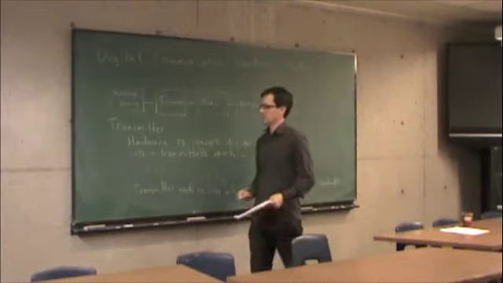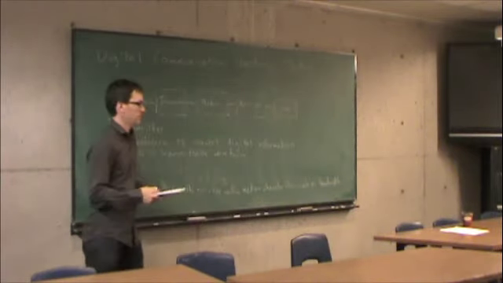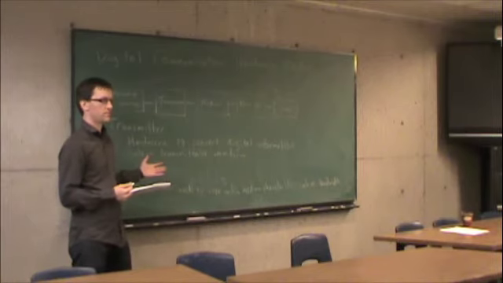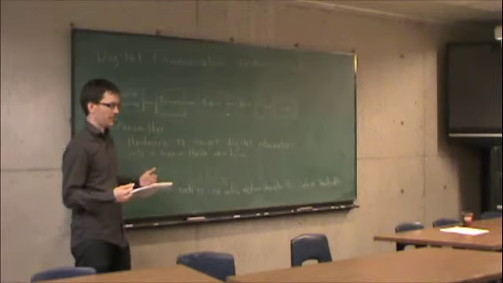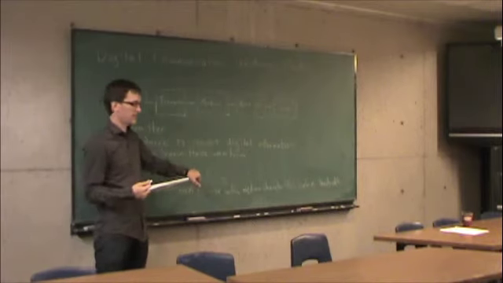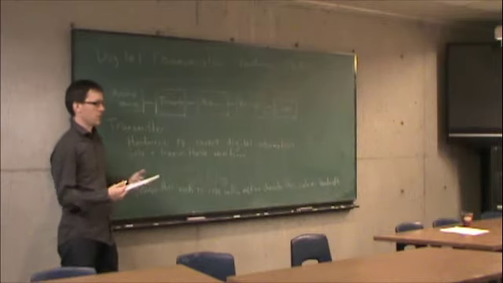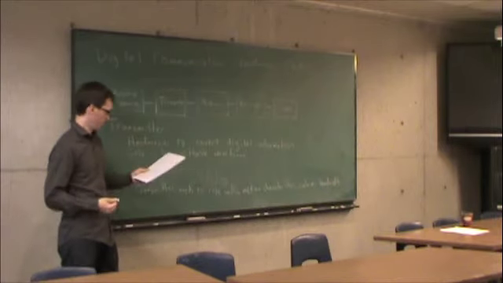Bandwidth is something we're going to talk about much later in the course. Does anybody have an idea of what bandwidth is? If you take the Fourier transform of a signal, the bandwidth of that signal is basically its extent in the Fourier transform, so how wide it is in frequency.